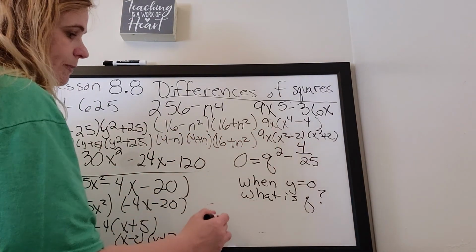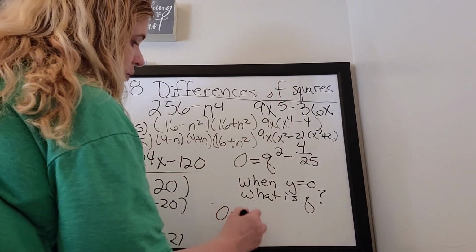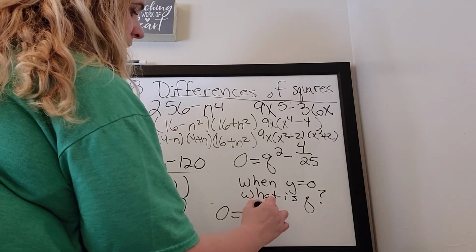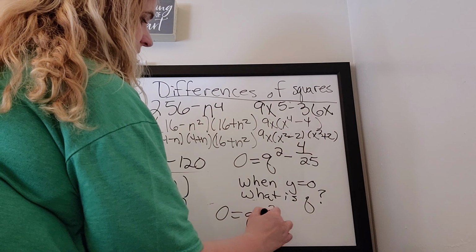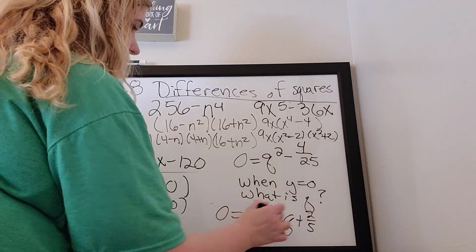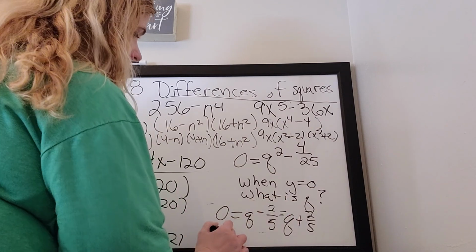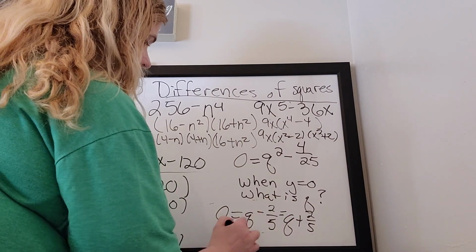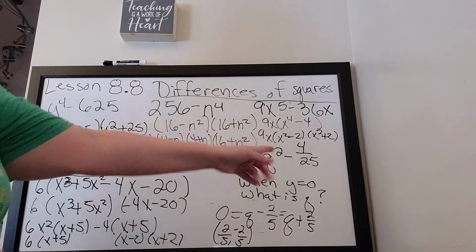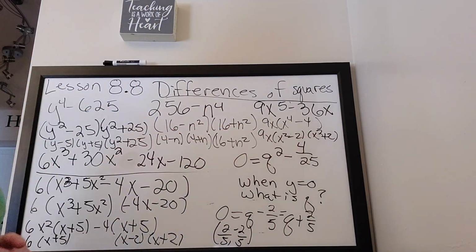So we're just doing top and bottom. So 0 equals q minus 2 fifths and q plus 2 fifths. Setting those both equal to 0, q is positive 2 fifths and negative 2 fifths. So if it is a fraction, perfect square, just do top and bottom.